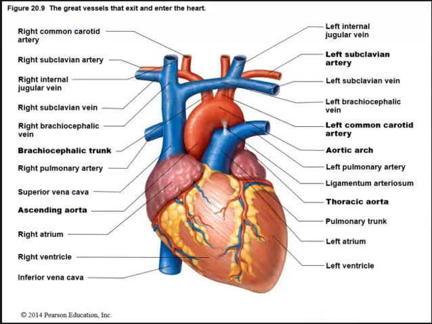And here is a diagram of the heart showing the aorta, which is the largest artery in the body, and the first part being the ascending aorta, and we can see here its branches. We have the right coronary artery going through the coronary sulcus, and then, going posterior to the pulmonary trunk, we have the left coronary artery and its two branches, the left anterior descending artery and the circumflex artery.